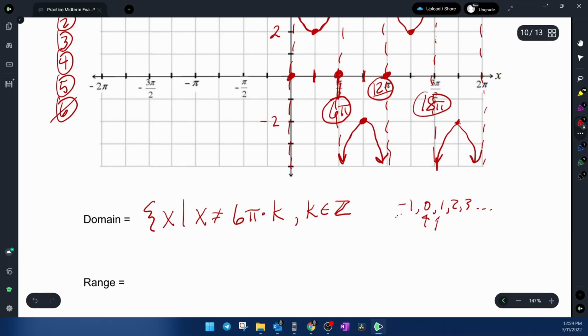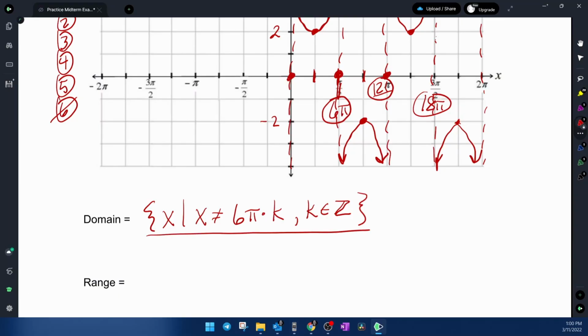And then if k is 1, 6 pi times 1 is 6 pi, 2 times 6 pi is 12 pi, so on and so forth. And that is giving me the asymptotes. Therefore, I know that this must be the correct way to write the domain, because the x's cannot exist at the asymptotes, which are multiples of 6 pi.